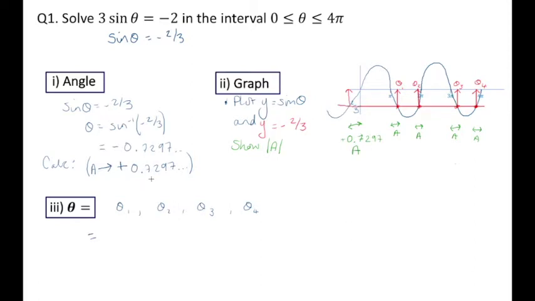So the first one is going to be pi plus A. The second one is going to be 2 pi here minus that distance. So it's going to be 2 pi minus A. Theta 3 is going to be 3 pi plus A. And theta 4 is going to be 4 pi minus A.